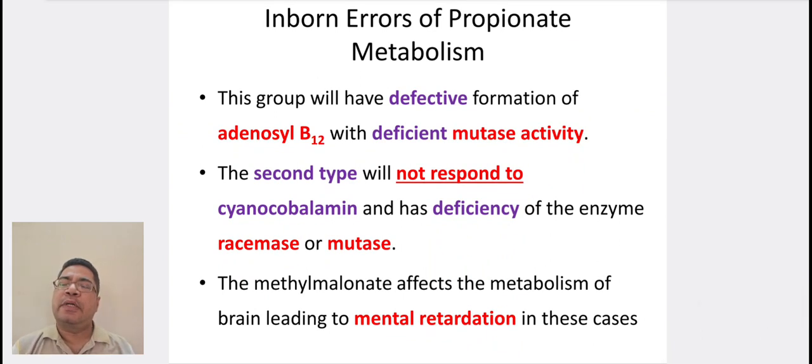This group will have defective formation of adenosyl B12 with deficient mutase activity. The second type will not respond to cyanocobalamin and has deficiency of the enzyme racemase or mutase. The methylmalonate affects the metabolism of brain, leading to mental retardation in these cases.